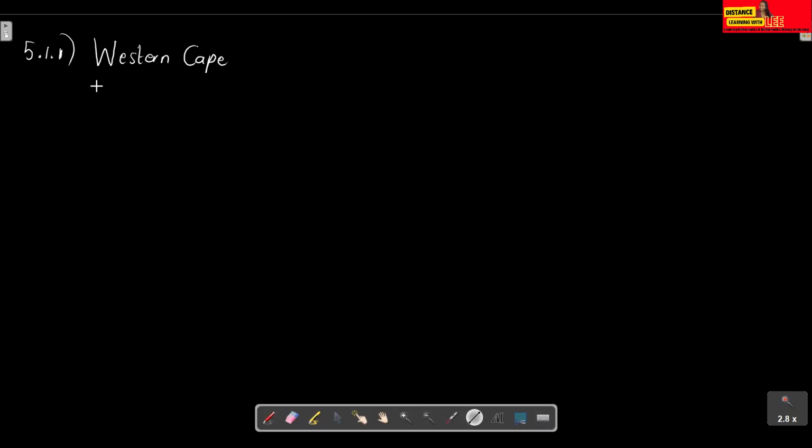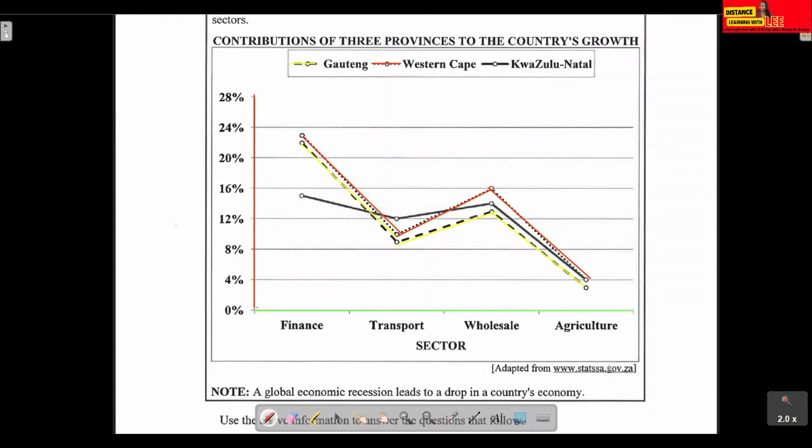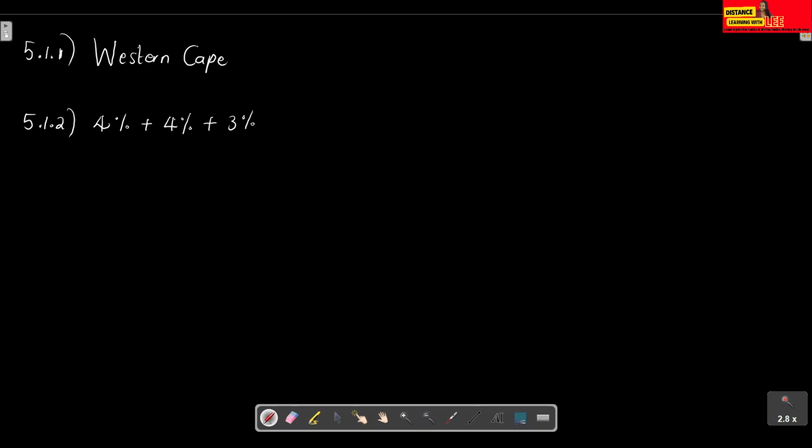So the total percentage contribution that these three provinces made towards the agricultural sector amounted to 4% plus 4% plus 3%. We can approximate Gauteng's contribution at 3%. So in total, these three provinces' contributions amounted to 11%.